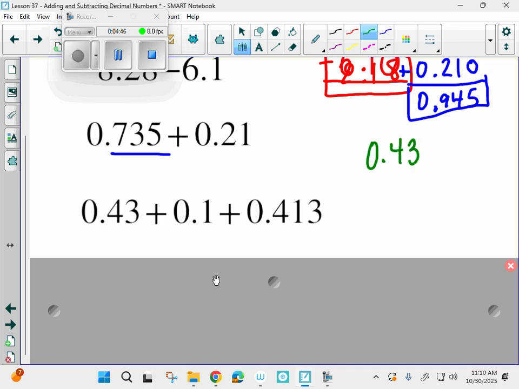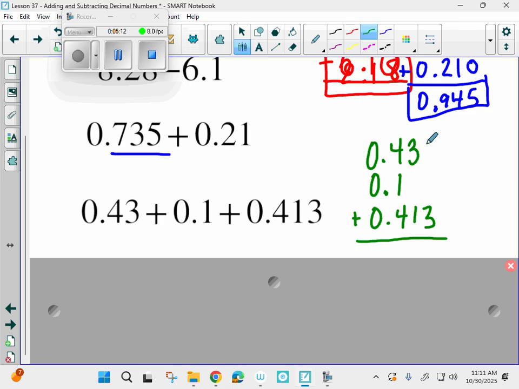Okay, 0.43 plus 0.1 plus 0.413. All right, so we're going to add these up. And I want to make sure I have the same number of digits on each of these. And so, Benny, how many zeros should I add to this first number?